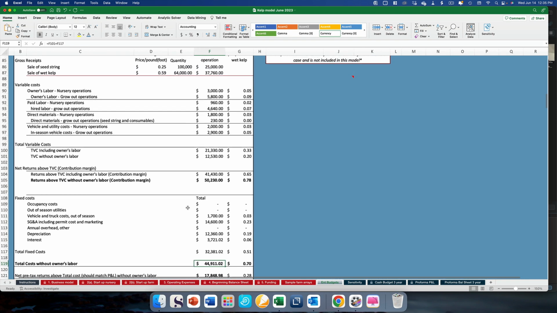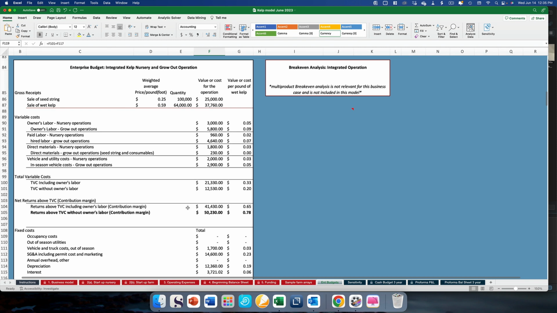Here's the thing, though. We had to make an assumption that for a farmer that also has a nursery operation, the primary focus of that farmer's thought process would be the kelp farm, growing out the kelp.